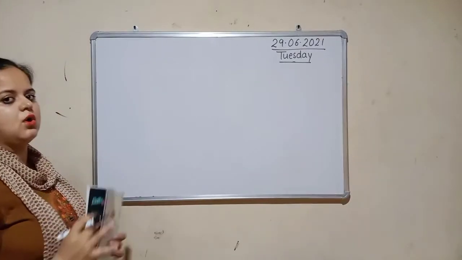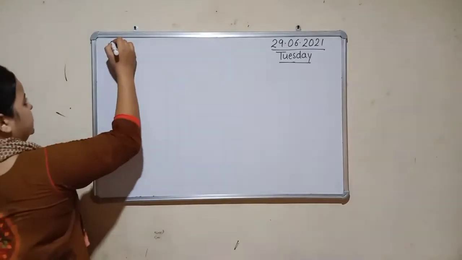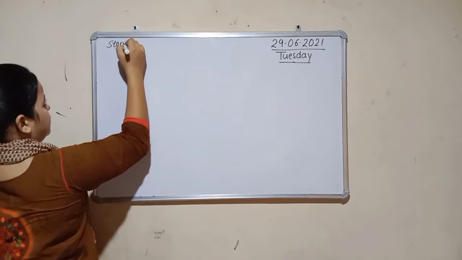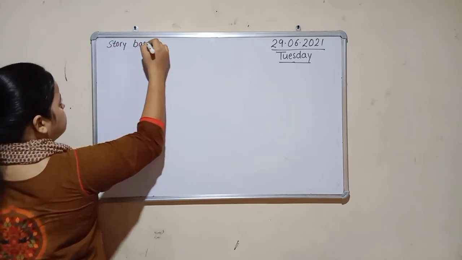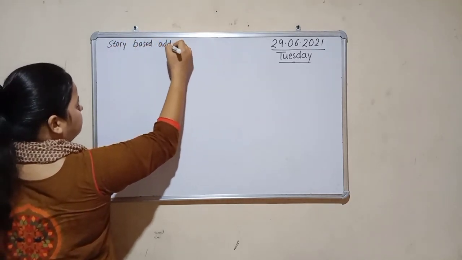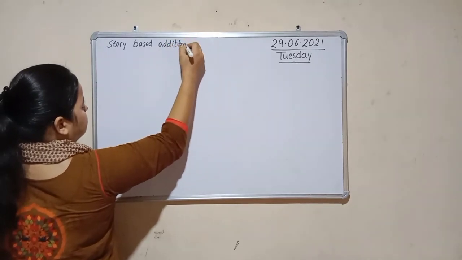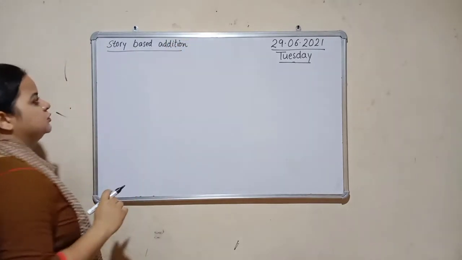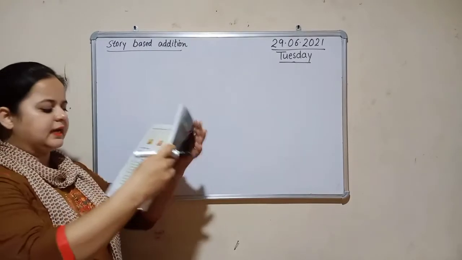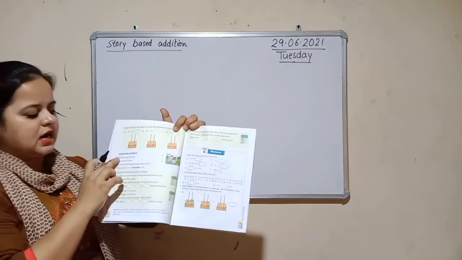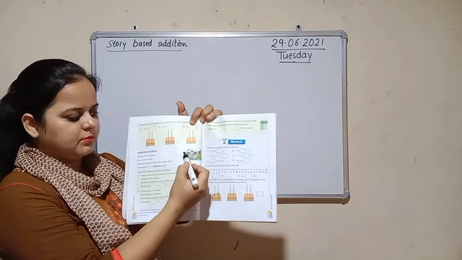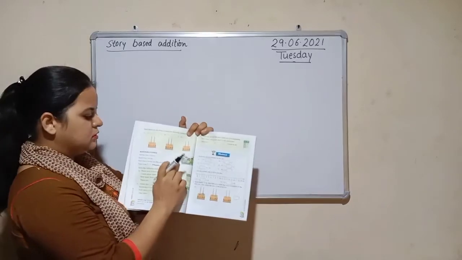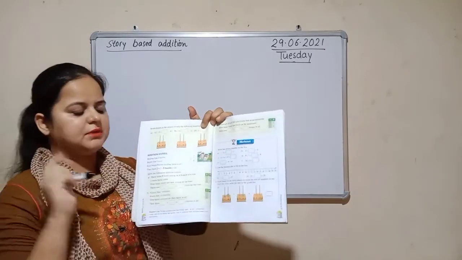Okay, these are called story-based additions. So one example is given here and it is also done. Akshay has 2 books. So number 2 will come on top. Ruchi has 1 book.